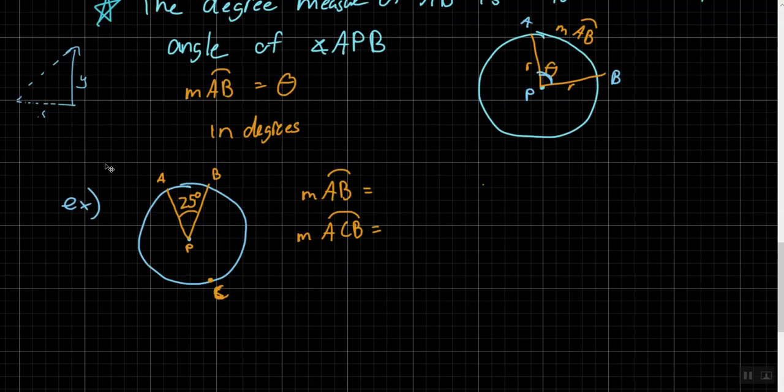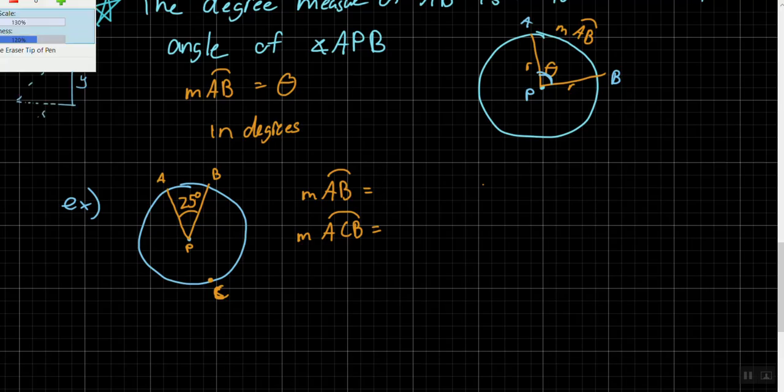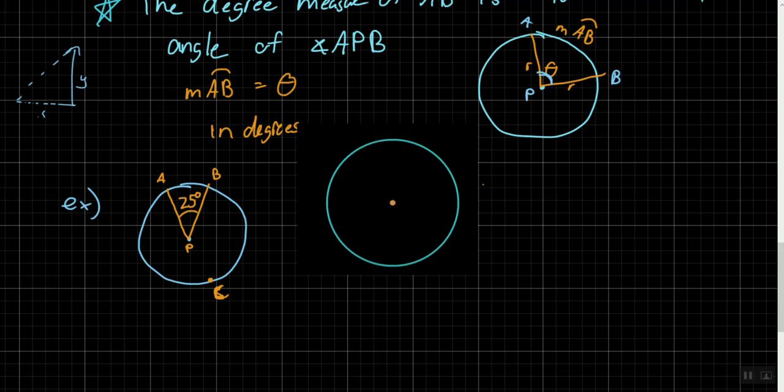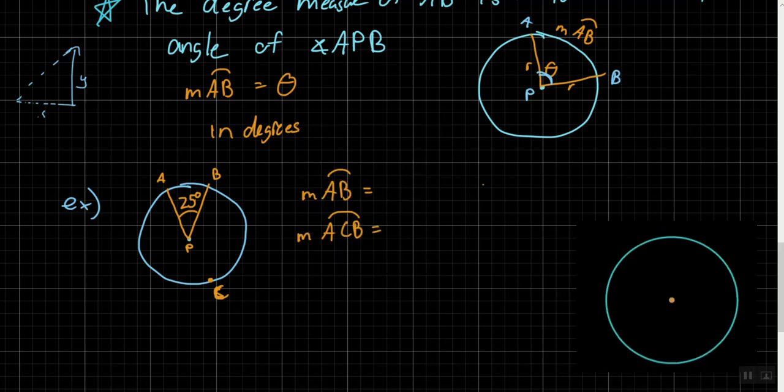Riley, do you know why it's 25? I would figure out how to write 25 in a second because it doesn't know how to write. What in the world? Okay, there we go. Now we can do it.